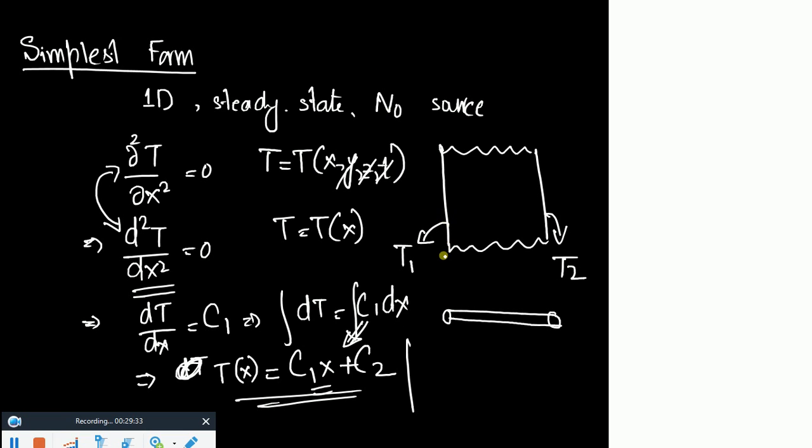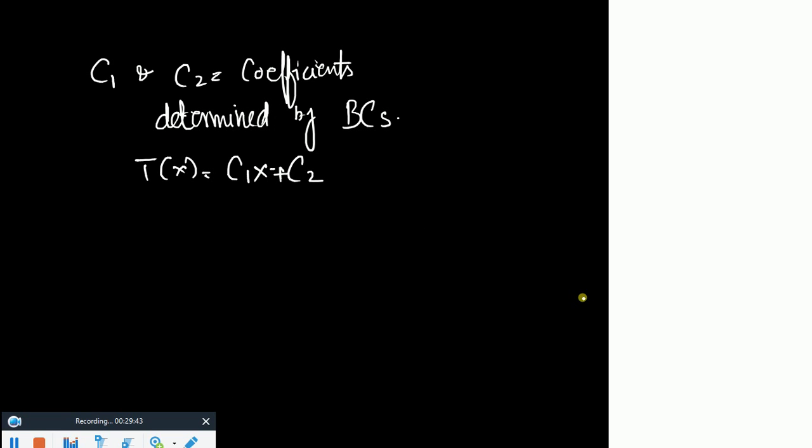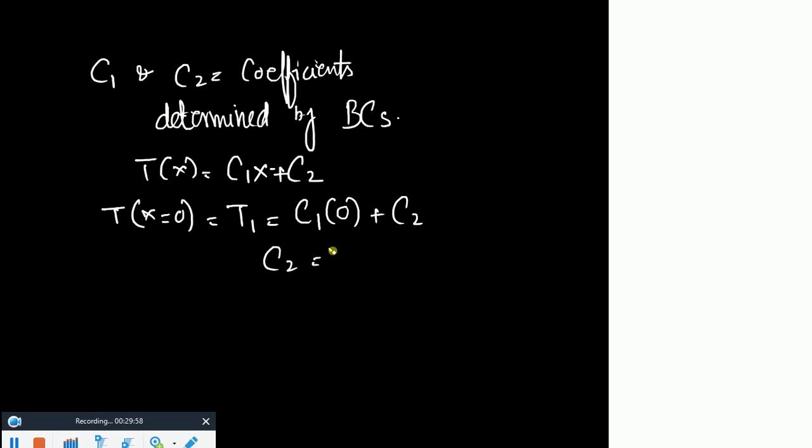Let's say on the left side x is equal to 0 and on this side x is equal to L. So T at x equals 0 equals what? T1. So x should be put equal to 0, so C2 needs to be equal to T1.